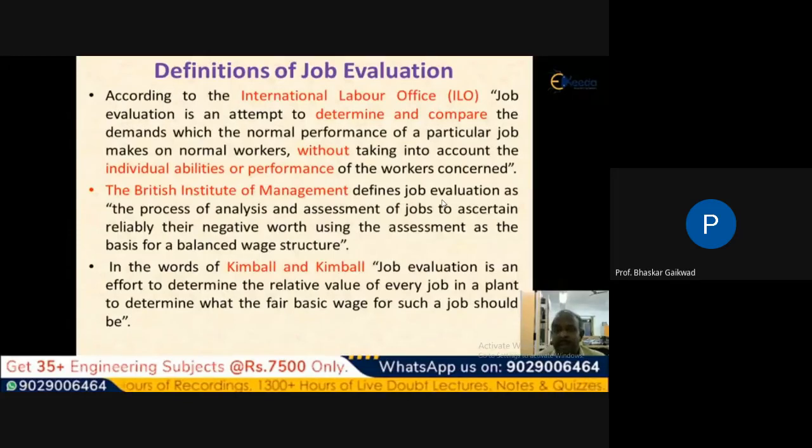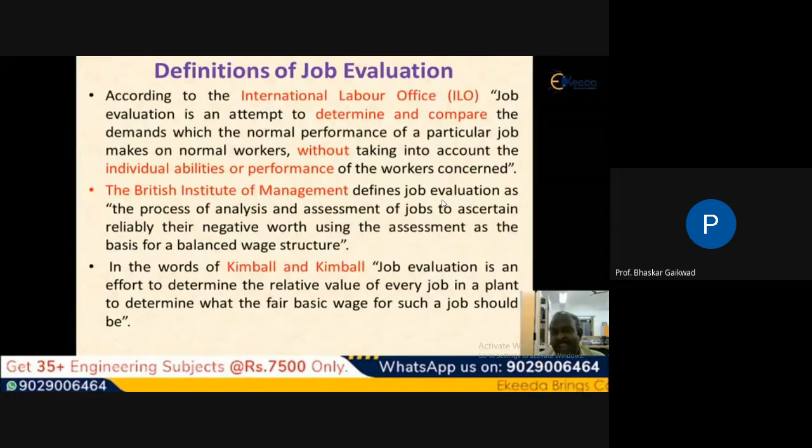Again, I am repeating. A normal worker, under normal circumstances, is doing a particular job. That is being standardized, and I am going to compare the present working with the standard job. So this becomes your job evaluation.